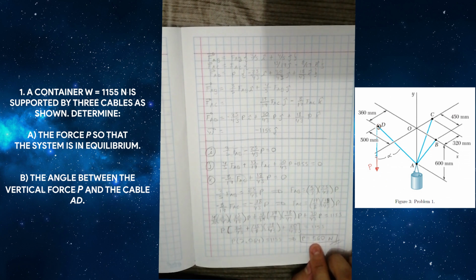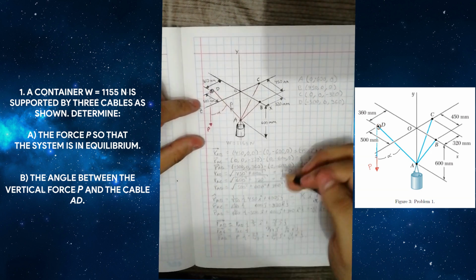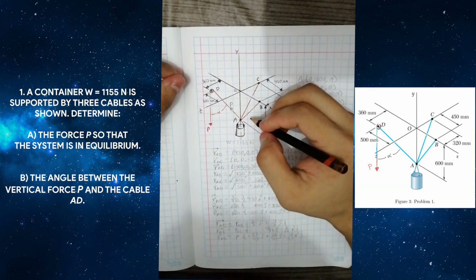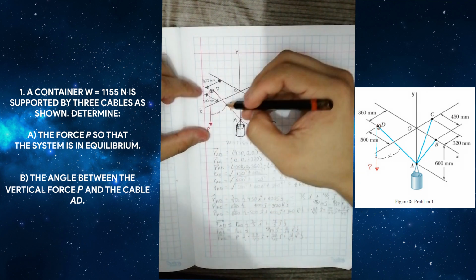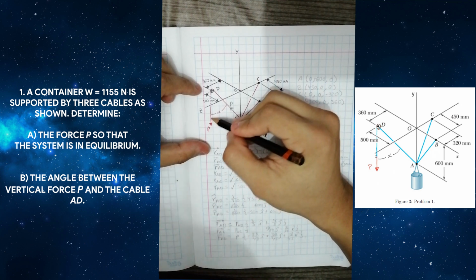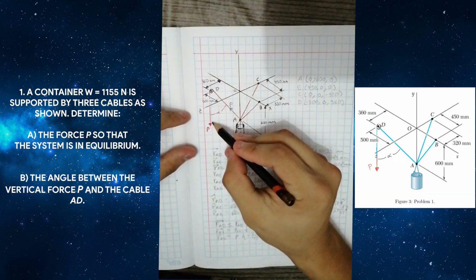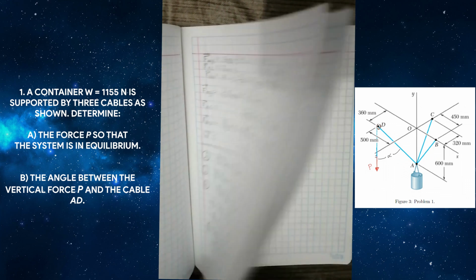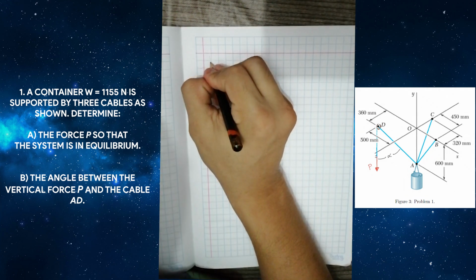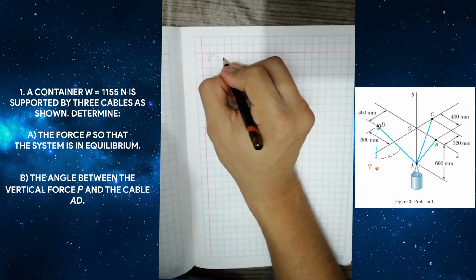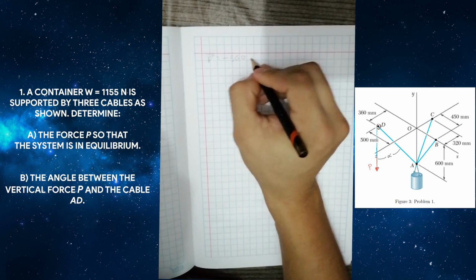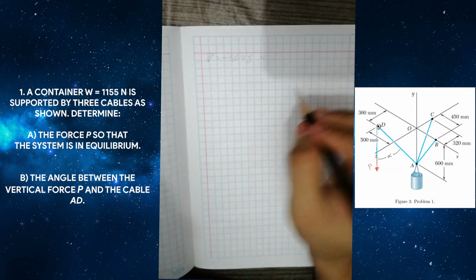Once we have the value of P, we can say that this vector is, I'm going to use another page, the vector P is equal to minus 560 j newtons.